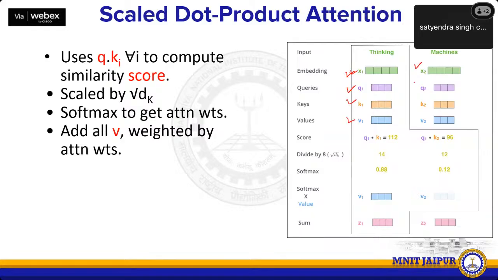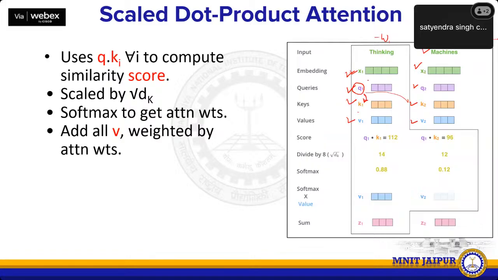The query vector is used to compute the similarity with all the keys, so it computes the similarity score with its own key as well as the other keys in the sentence. For example, a sentence has word 1, word 2, word 3, and so on.